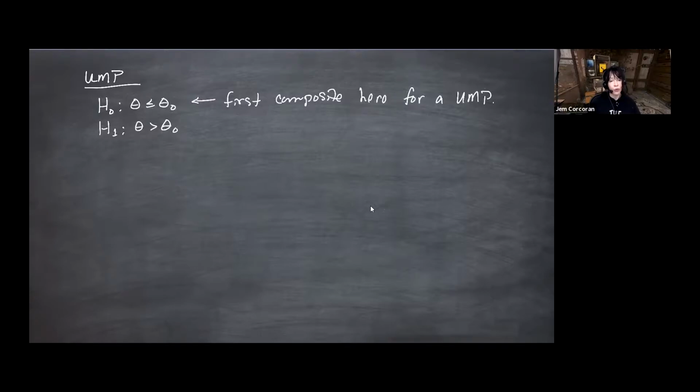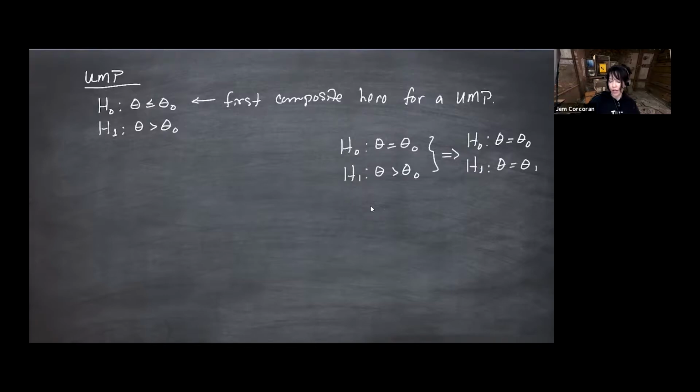The way we've worked this in the past is that we only had theta equals theta naught versus some kind of alternative, for example, theta greater than theta naught. And we translated that into two simple hypotheses, theta equals theta naught versus theta equals theta 1 for some fixed theta 1 greater than theta naught.